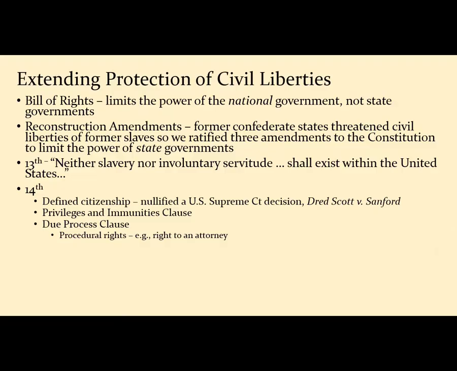That's a due process right, but it's of a procedural nature. But there are also certain substantive rights that courts have identified and said, this substantive right, such as the right to marry, cannot be infringed upon by a state government, absent some compelling reason. So those are just two different types of rights that due process covers. We'll talk a bit more about substantive and procedural due process later.